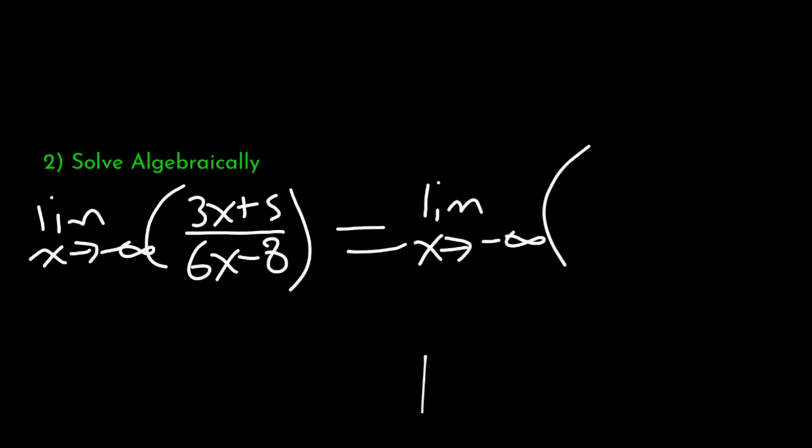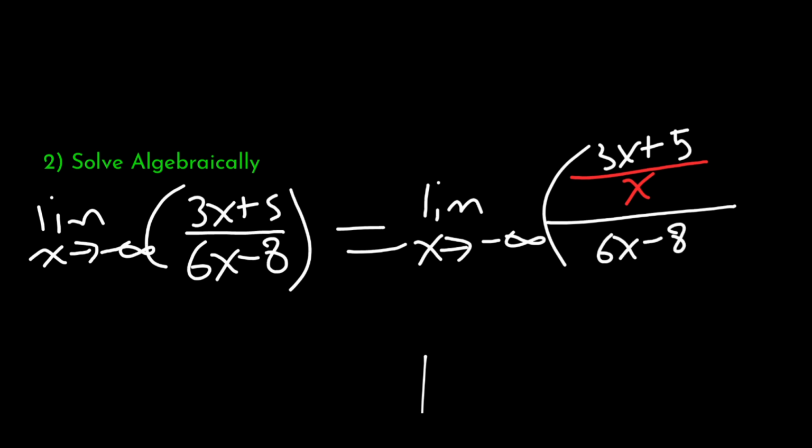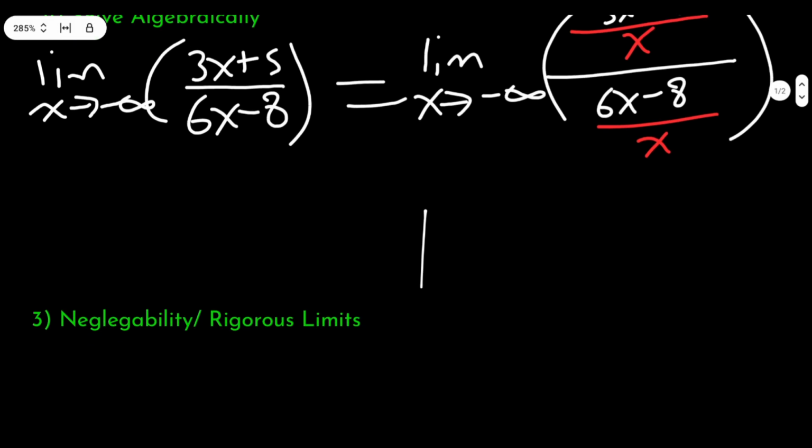So what we're going to have is the same thing, 3x plus 5, but this time it's going to be over an x. And then we're going to take the same thing on the bottom and divide it by an x.